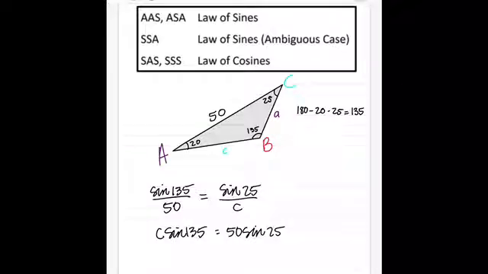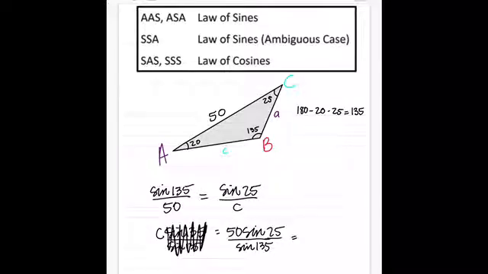All right, now I only have one variable that I need to solve for. So I need to get C by itself. I'm going to divide both sides by sine of 135. So this goes away completely.